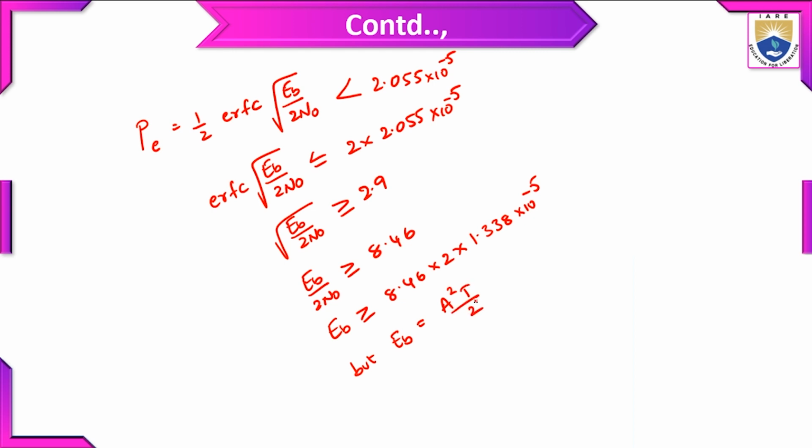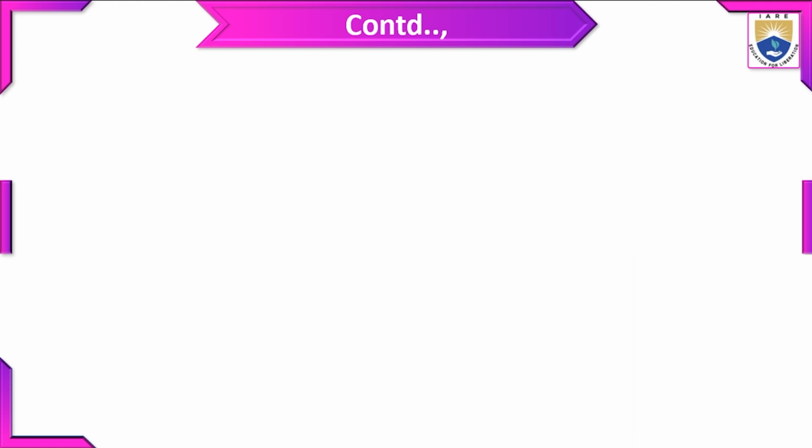So we substitute A square T by 2 in the place of EB, giving 8.46 into 2 into 1.338 into 10 power minus 5. Here I am substituting the value of EB in terms of A square T by 2.